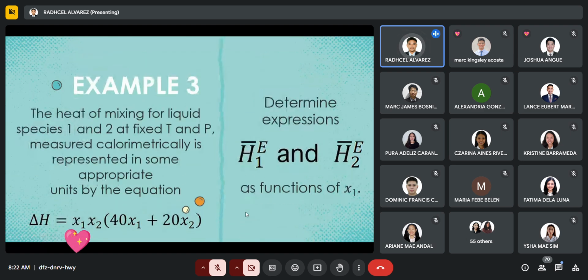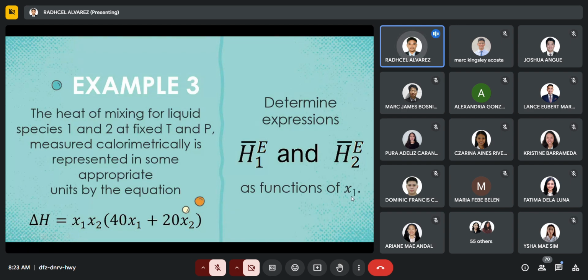Okay? So let's continue with our third example. The heat of mixing for liquid species 1 and 2 at fixed temperature and pressure measured calorimetrically is represented in some appropriate units by the equation x1 times x2 times the quantity 40x1 plus 20x2. Determine the expressions for partial excess enthalpy 1 and partial excess enthalpy 2 as functions of x1.